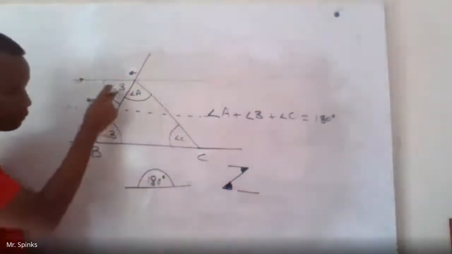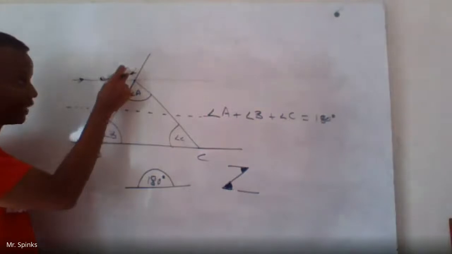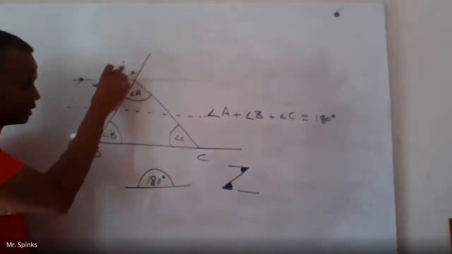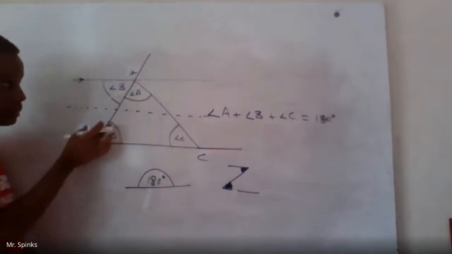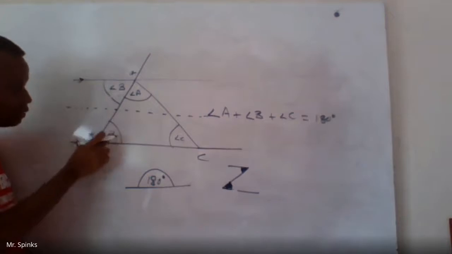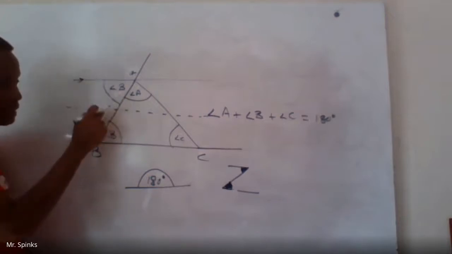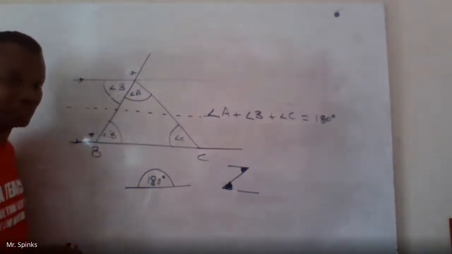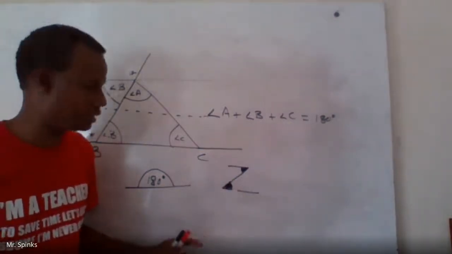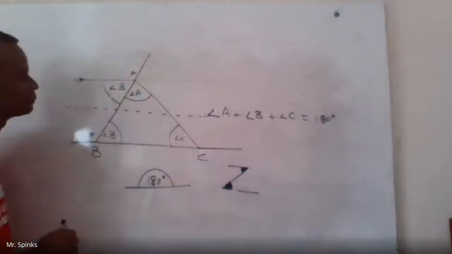We can see why by looking at the fact that these two angles are corresponding. These two angles must add up to 180, because they are a straight line. And similarly, these two angles add up to 180. So therefore, this here must be equal to this. Hence the reason why they are said to be alternating angles. All right.